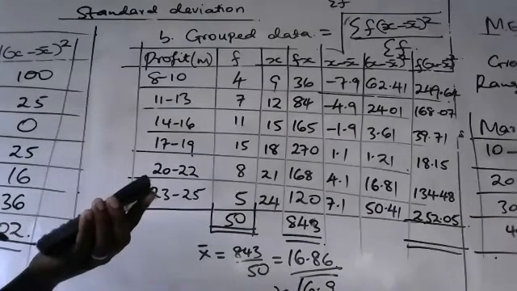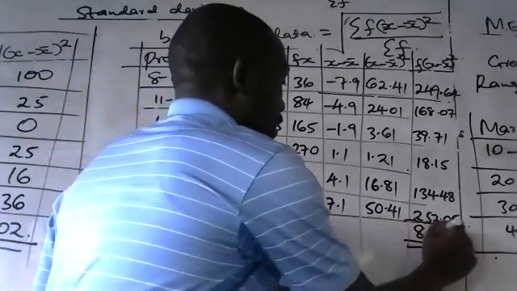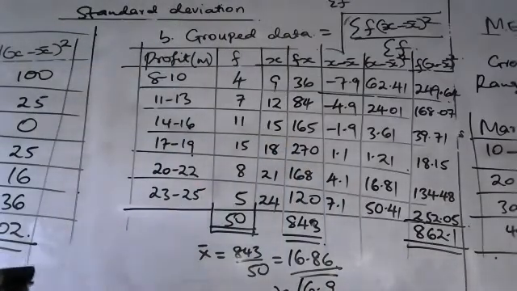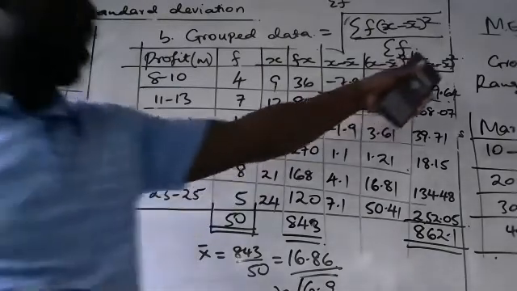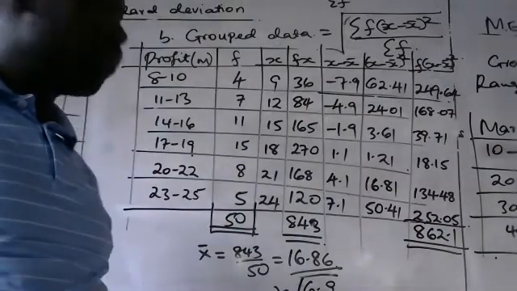You get 862.1. That is the summation of f into x minus x bar squared. That is the sum. So the sum is simply the addition of that particular column.